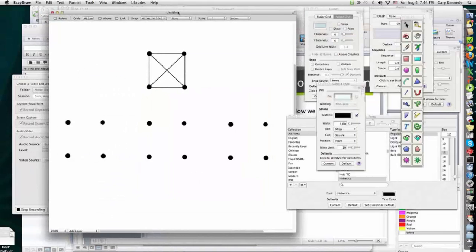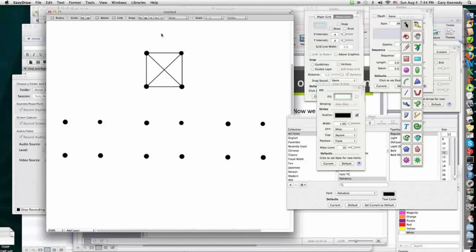Well, here you see the complete graph on 4 vertices, and I'm going to show you now those possible Hamilton circuits. So one possibility is like this, as if you were going around a square. What else? Well, you could do this.